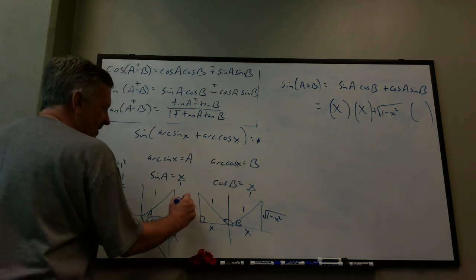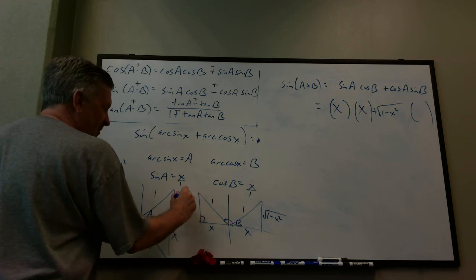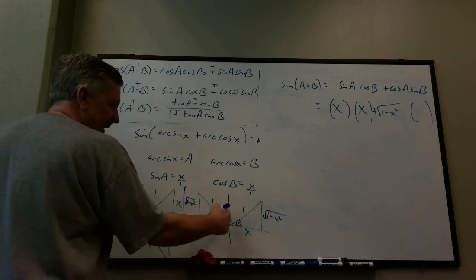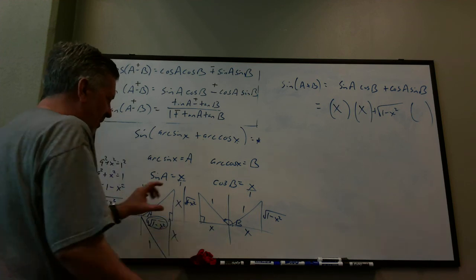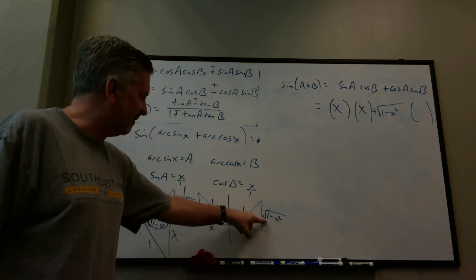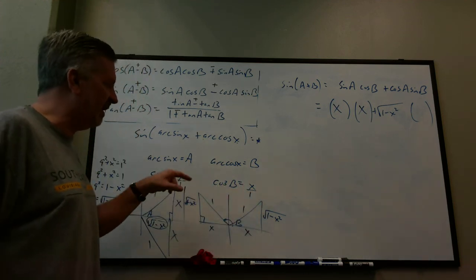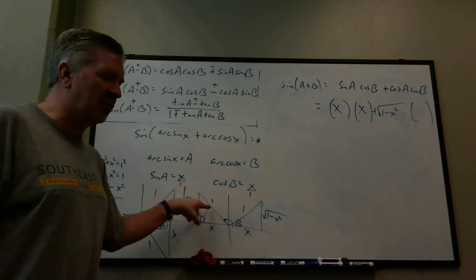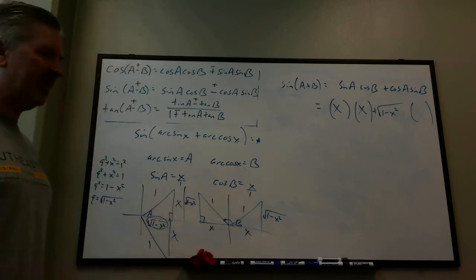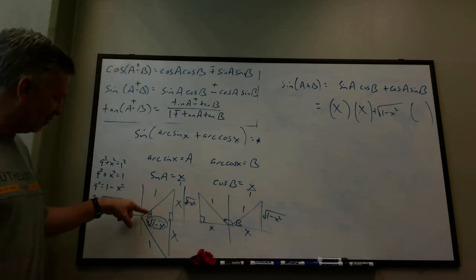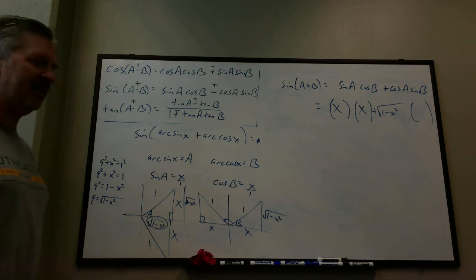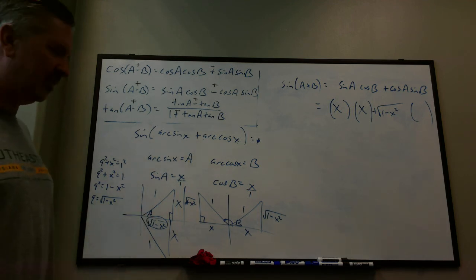But how big would this side be? It'd also be the square root of 1 minus x squared, because you use the Pythagorean theorem. Both these sides are positive, because in the first quadrant y is positive, and in the second, y is positive. So it doesn't matter which quadrant you're in, you're going to get the same answer for that side. Just like here, it didn't matter which quadrant A was in, I got the square root of 1 minus x squared for both sides.